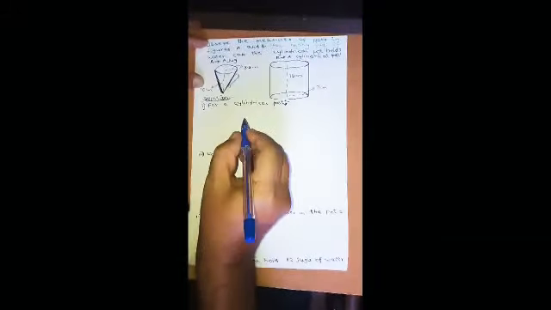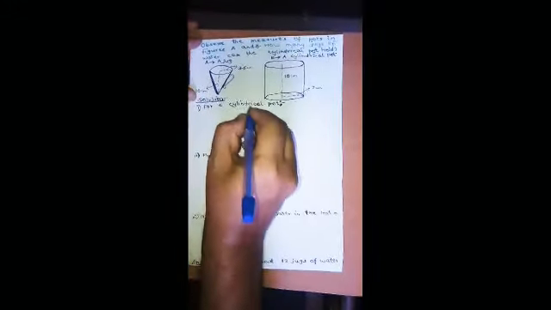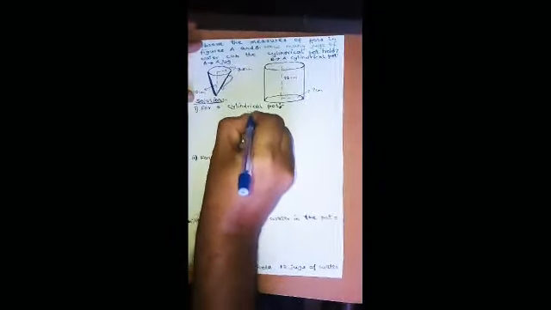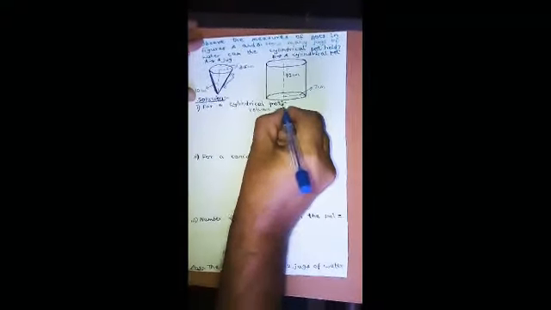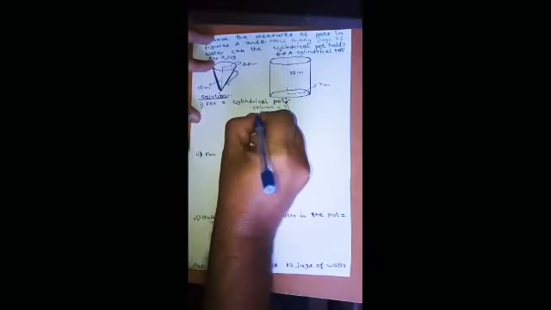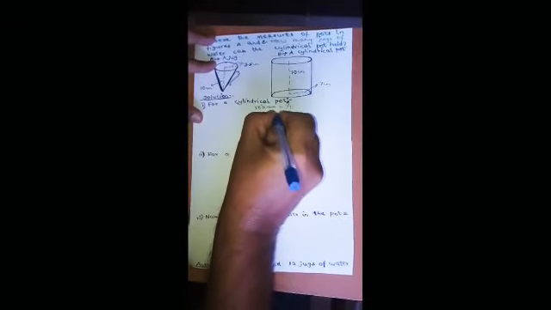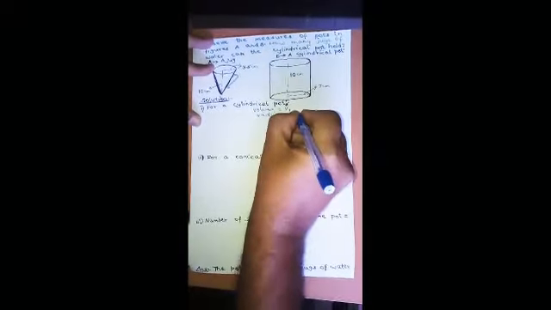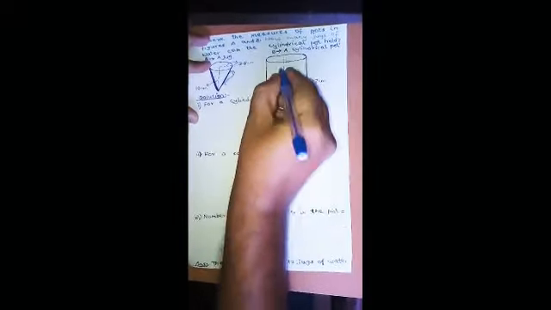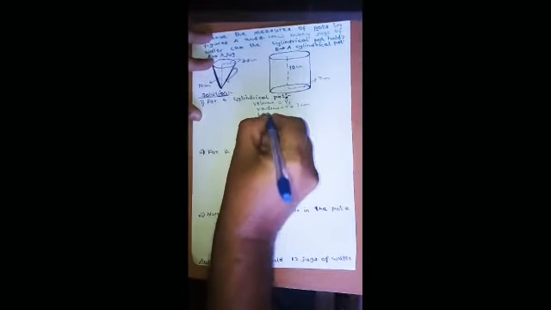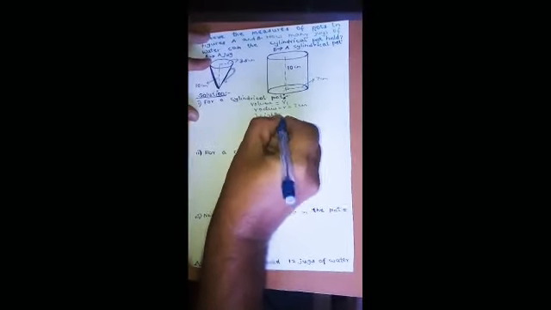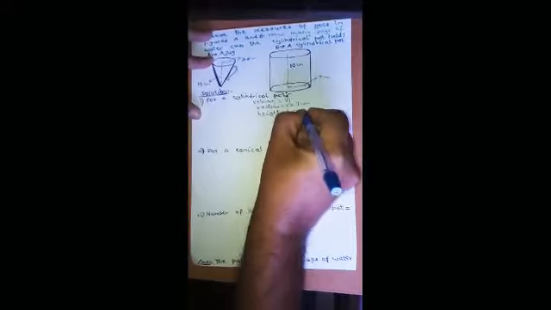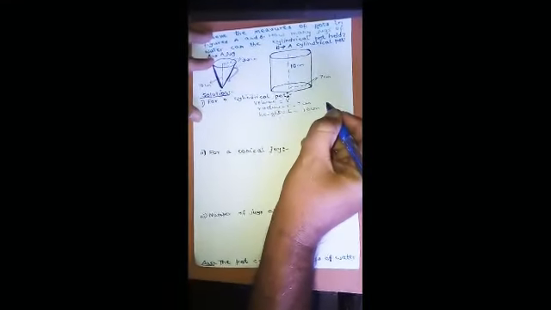So let's start the sum. Step 1, for the cylindrical pot, we will write volume equals V1, radius equals R equals 7 centimeters, height equals H, that equals 10 centimeters.